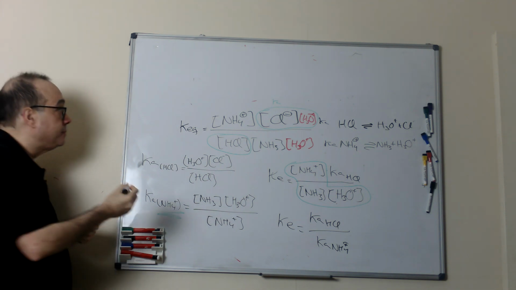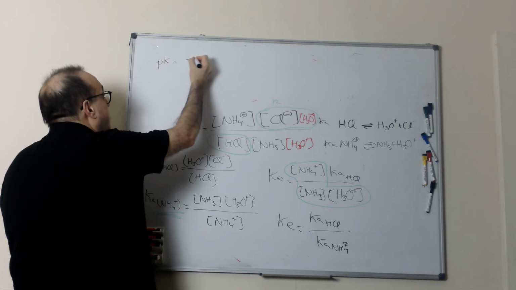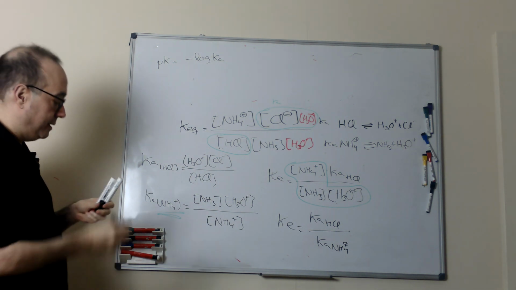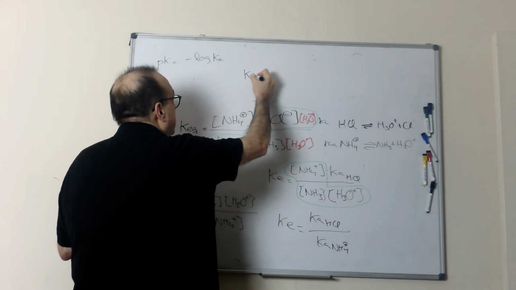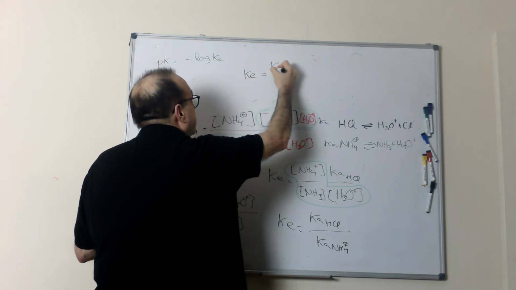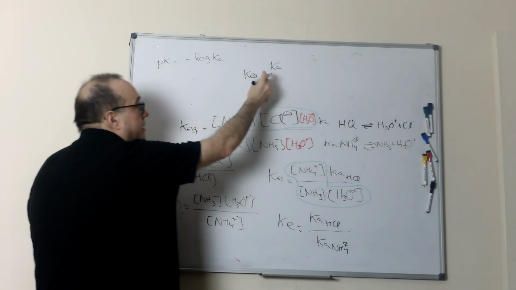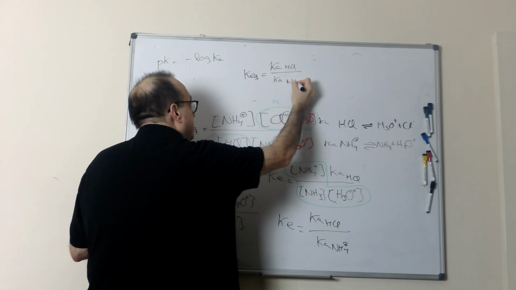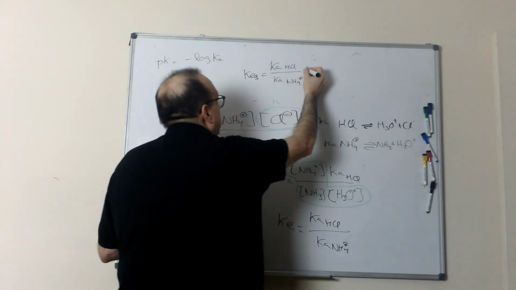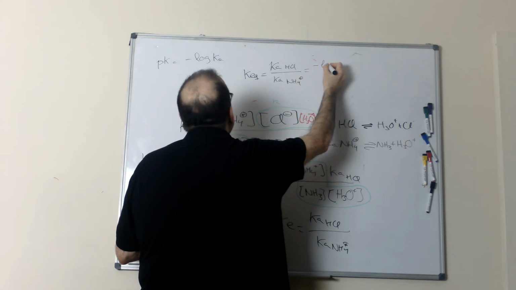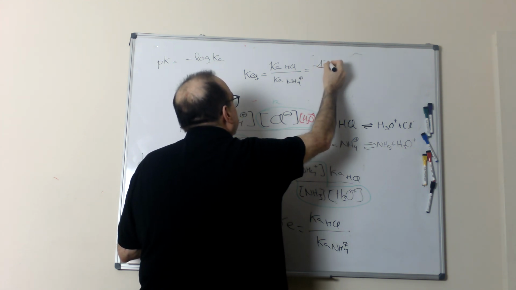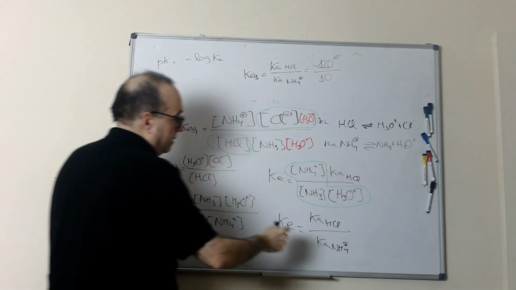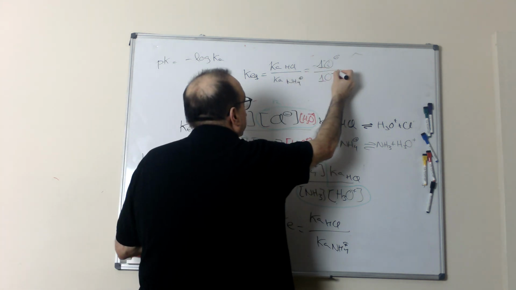If I know that the pKa is equal to minus logarithm of the Ka, it means that the equilibrium constant, the Ka of the HCl divided by the Ka of NH4, is equal to 10 to the 6 divided by 10 to the minus 9.